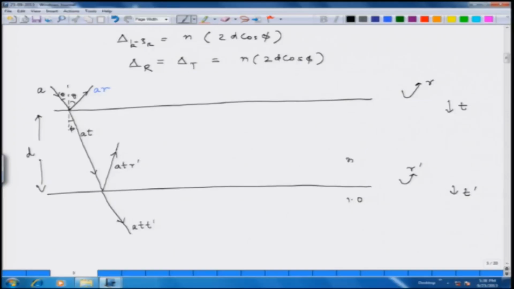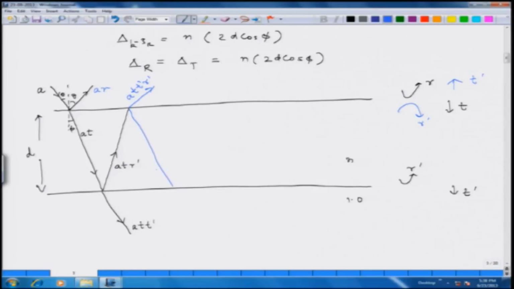Now, this gets reflected to this interface, and again it is the same interface going from n to ambient. So, this is going to be the r prime coefficient for whatever is reflected, and whatever is transmitted is going to be t prime. So, what is collected at reflection is A times t prime r prime, that is the transmitted one.